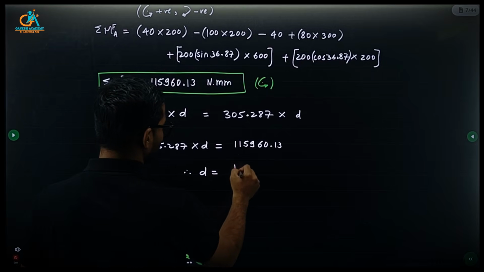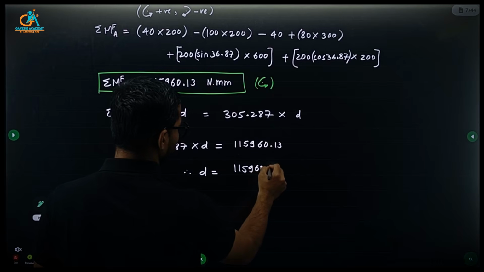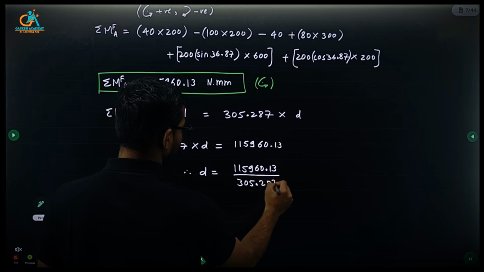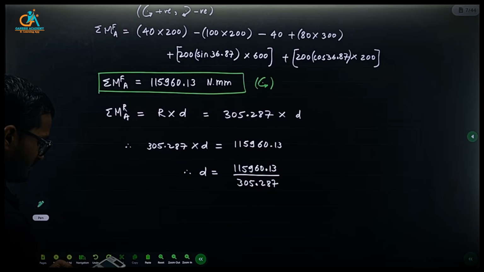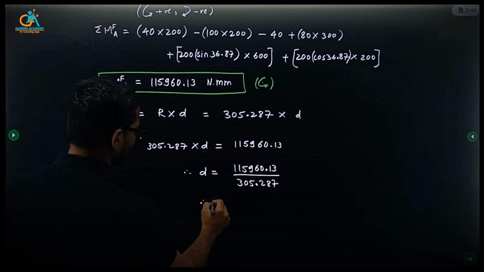So distance is equal to 115960.13 divided by 305.287, which will give 379.84.